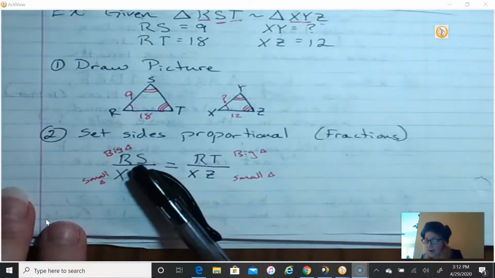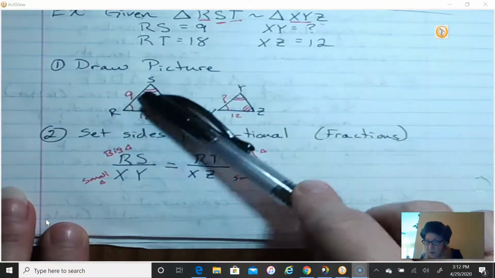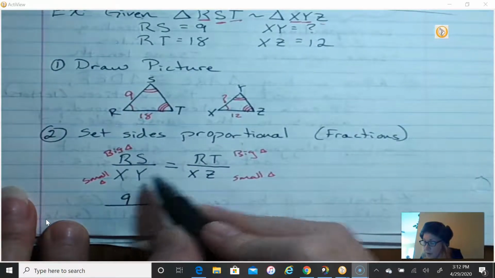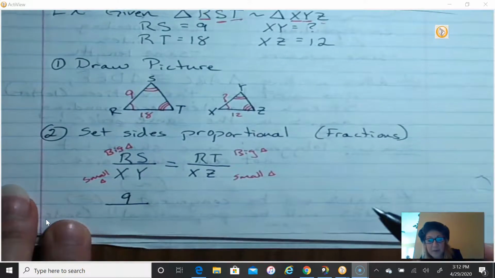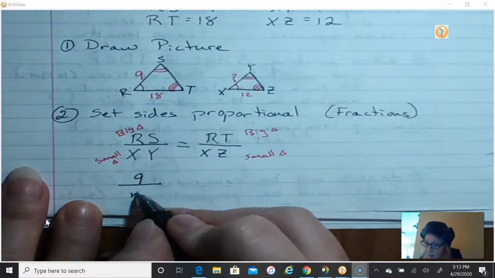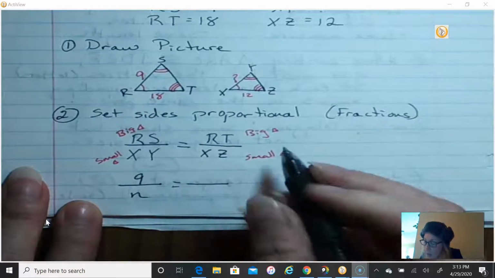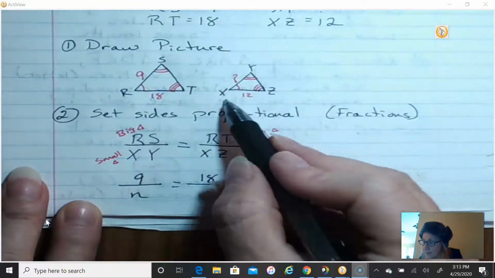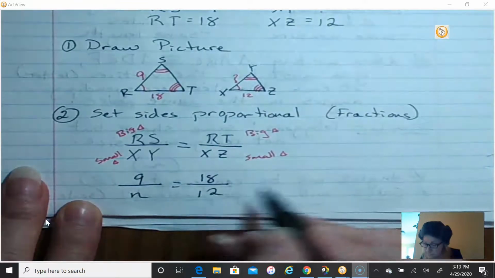Okay, what is RS? RS is 9. What is XY? We don't know what it is, so let's pick a letter to represent the unknown. We can say N. What is RT? 18. XZ is 12.